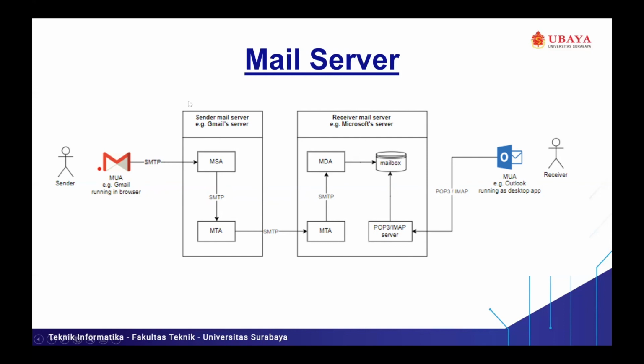For example, the sender and the receiver use different mail servers. The sender uses Gmail, and the receiver uses Microsoft Outlook, Microsoft Mail. I don't know what the name of the Microsoft mail server is. Then after that, the MTA will send to the MDA.